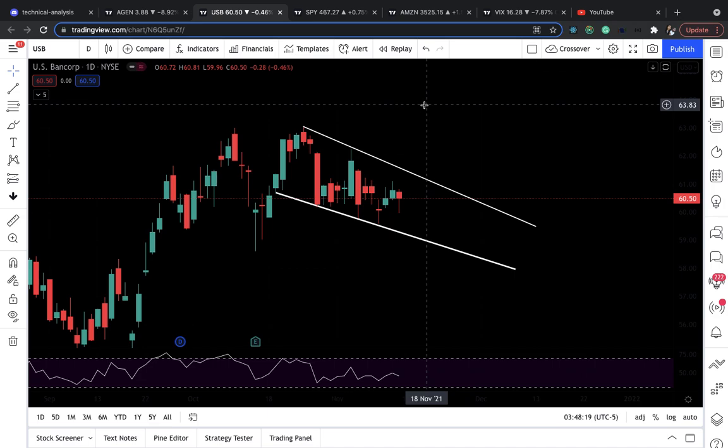Now, as far as time frame goes, I look for the flags on the daily chart, or I look for the flags down to the 30-minute chart. The 30-minute time frame is the smallest time frame I use. I don't use the 15-minute. I don't use the 5. I don't use the 1 minute.